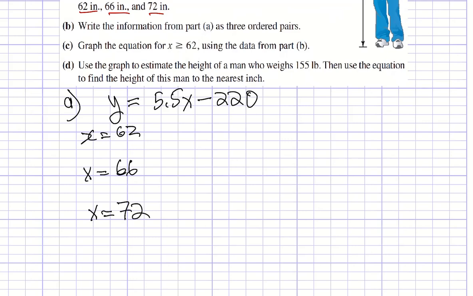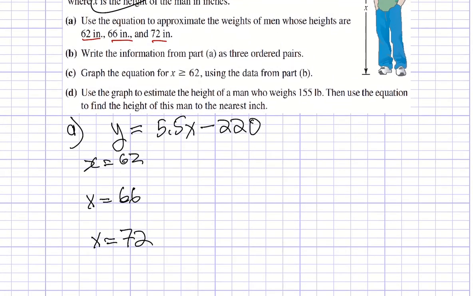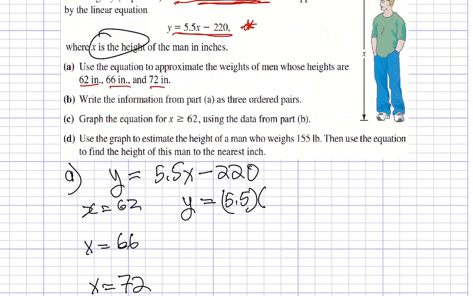That's what that part A is saying. You evaluate that equation. So when x is equal to 62, what do we got? We got y is equal to 5.5 times... the x is the height. X is given. X is the height.